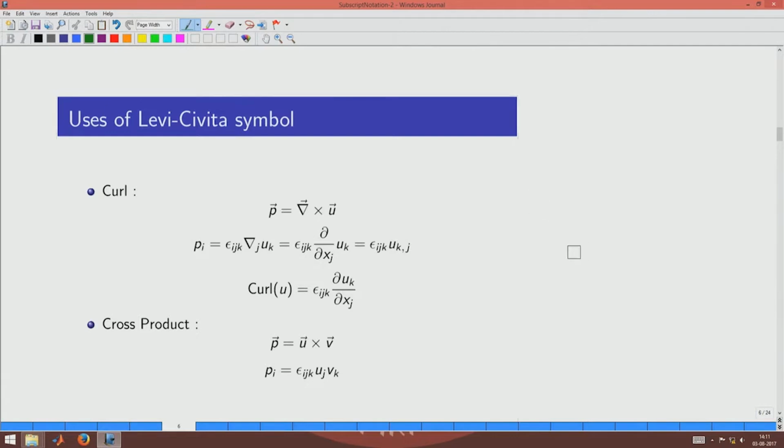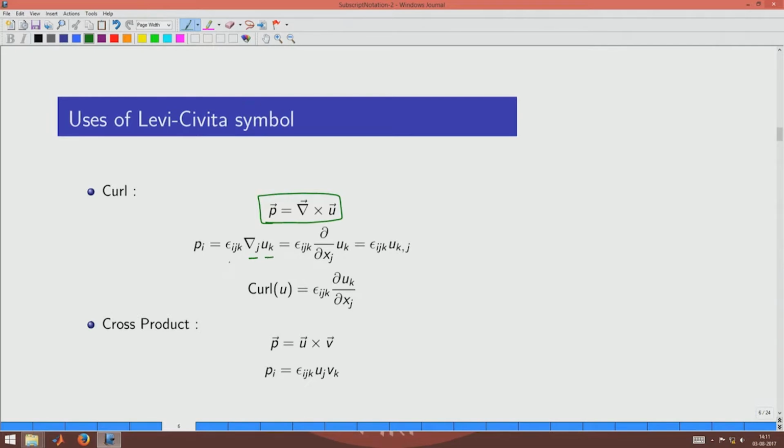Here, let us take the curl of a vector u. So, we have the curl of vector u, which is given by the vector p. The way the curl operator is going to translate in the subscript notation is as follows. We know that operators can also be given a subscript. In this case the operator is given a subscript j, and the vector has to be given a subscript, so that is k.